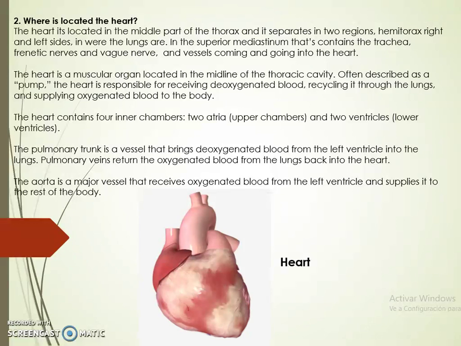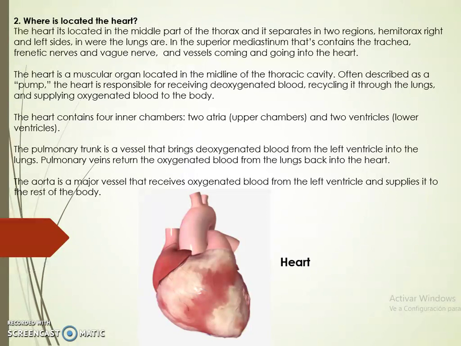The heart is a muscular organ located in the middle of the thoracic cavity, often described as a pump. The heart is responsible for receiving deoxygenated blood, recycling it throughout the lungs, and supplying oxygenated blood to the body.